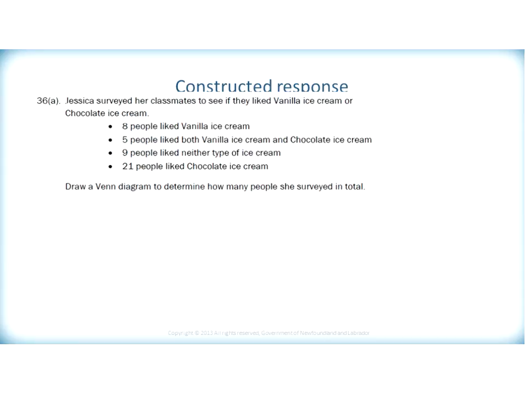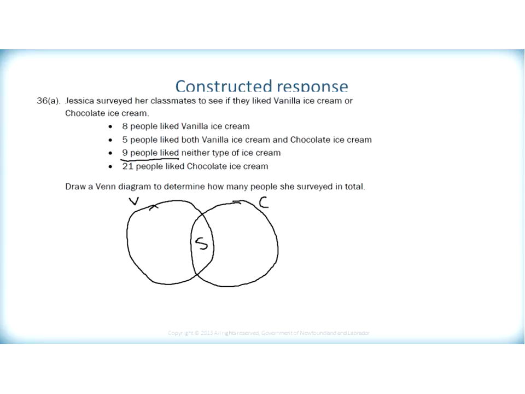So we have a Venn diagram. And we have vanilla. And we have chocolate. We do know that 8 people like vanilla. 5 people like both. So 5 is in the intersect. 9 people like neither. So that would be 9 people out here.